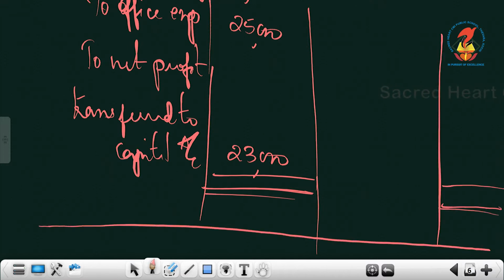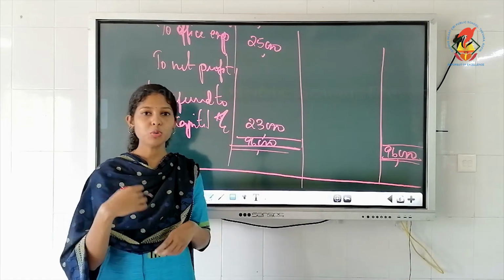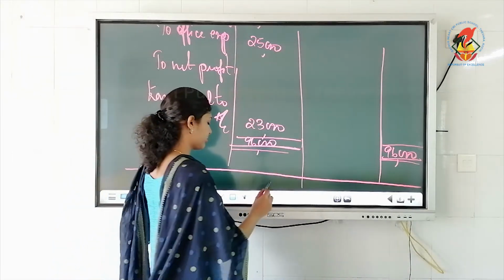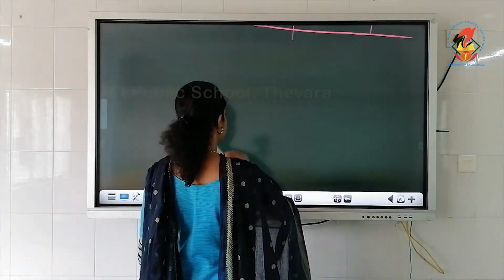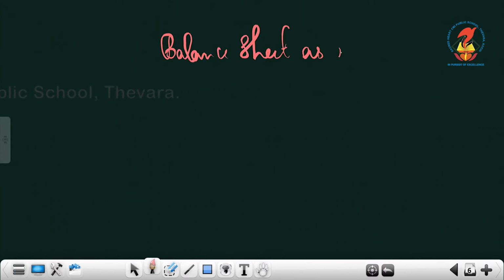Now we can close this trading and profit and loss account. The total now is 96,000. So the trading and profit and loss account is over. We have to move on to the balance sheet. So give the heading balance sheet as at 31st March 2020.